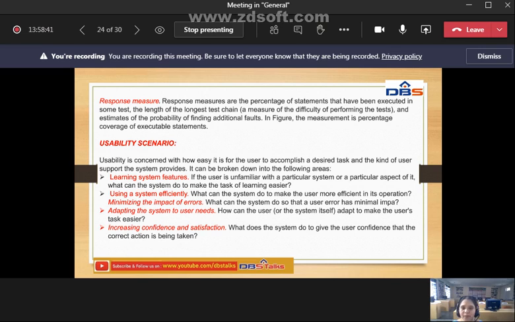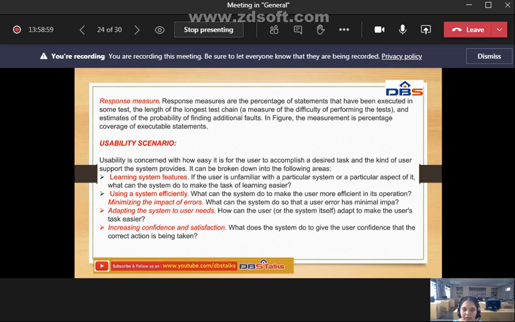Next, usability scenario. Usability is concerned with how easy it is for the user to accomplish a desired task and the kind of user support the system provides. So that is called usability, how easy we feel it is.